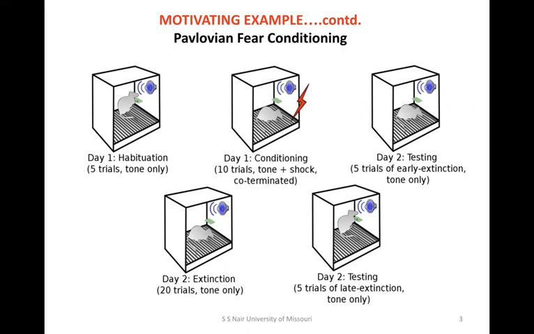Note that the rat is learning to fear the tone without knowing that it is learning it. So this is unconsciously happening. Now, after this phase, it is taken back to its home cage and brought back on day 2 for the testing phase of the protocol.